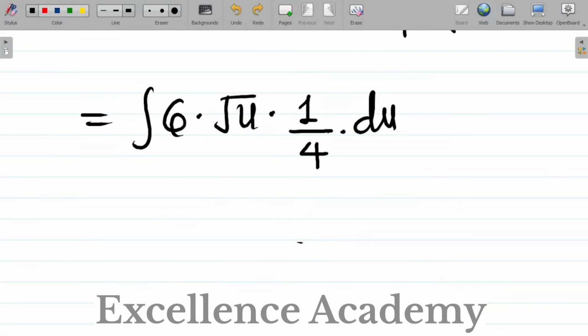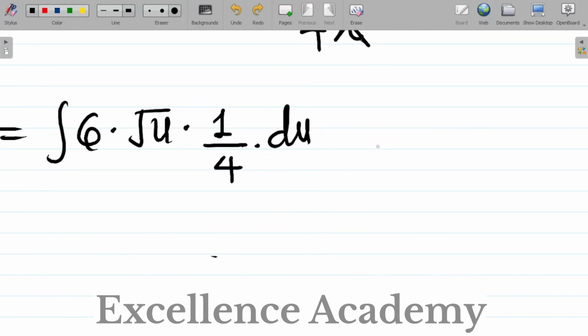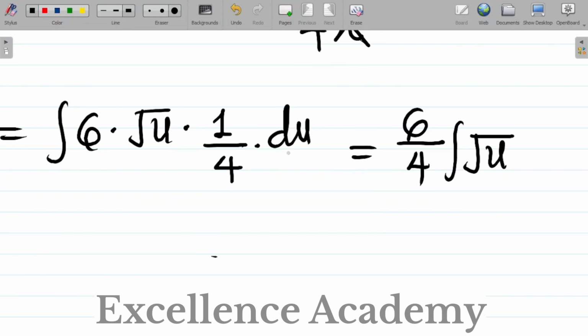Of course, 6 goes outside the integral sign, and this 4 goes outside the integral sign, so that becomes 6 all over 4, more like 6 times 1 over 4. That gives you 6 over 4 outside the integral sign, integral of root u, then dot du.